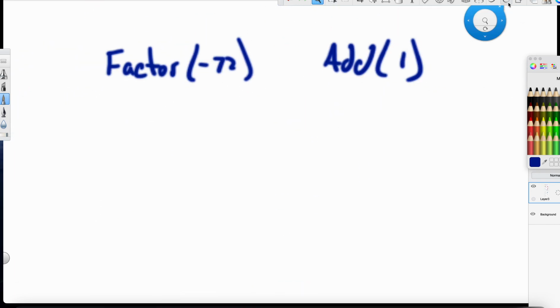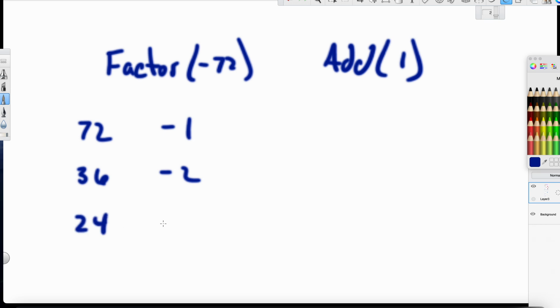So 72, we've got 72 and negative 1. That doesn't add to 1. How about 36 and negative 2? That doesn't work either. We got 72 is divisible by 3. It'd be 24 and negative 3. That doesn't work either.